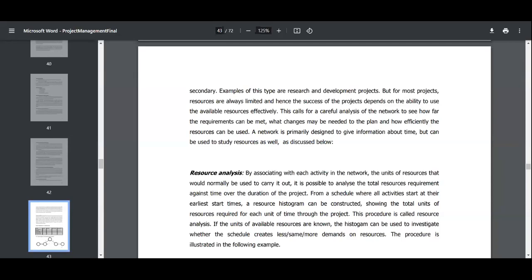A time schedule where all activities start at their start time, showing the total units of resources. Whatever things you require, you analyze and then you go through it. So a histogram, a diagram, can be used to investigate whether the schedule creates less time, whatever the requirements.